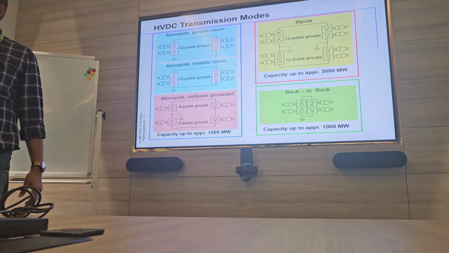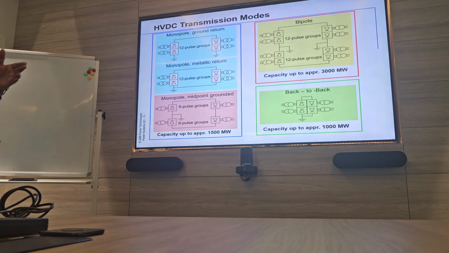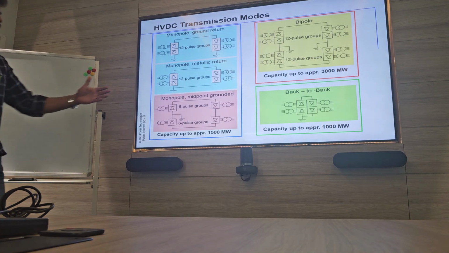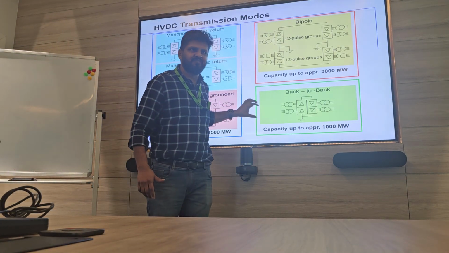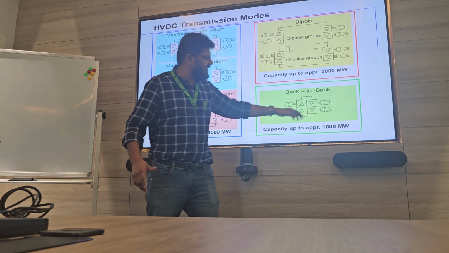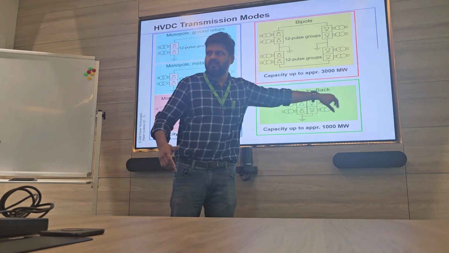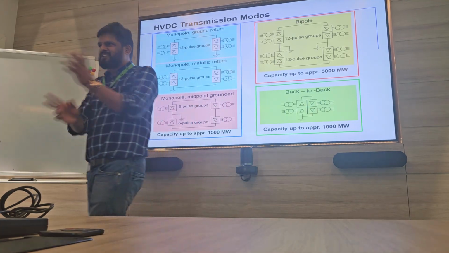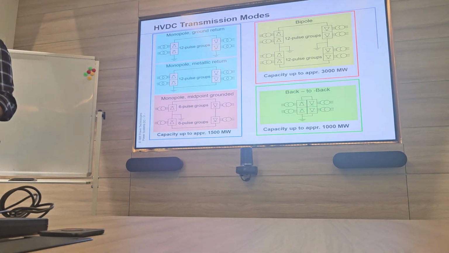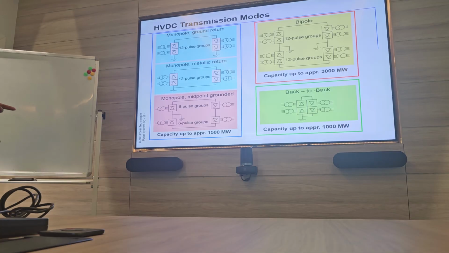You can install a converter station in only one place, taking 50 Hz or 60 Hz power from Saudi Arabia and the other frequency for Bahrain, so you can transfer in both directions.